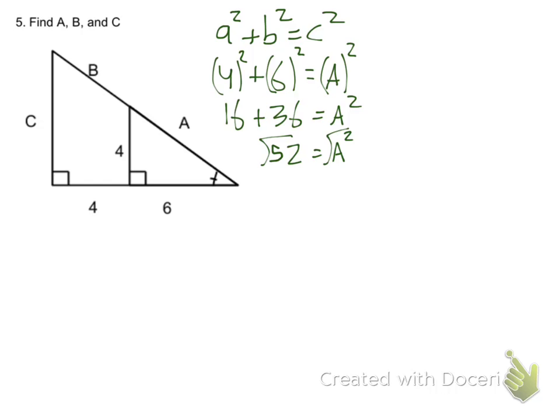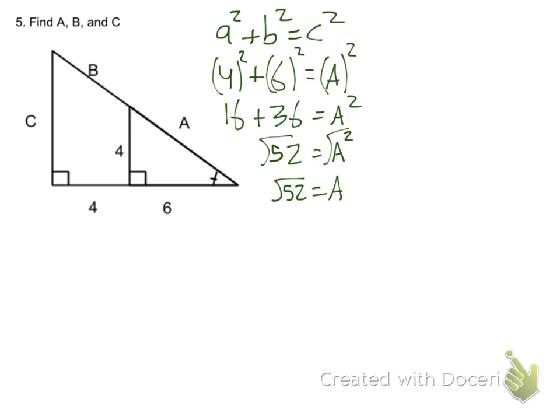But in this case, I'm only going to take the positive and say that A is equal to the square root of 52. Why? Because you can't have a negative length.